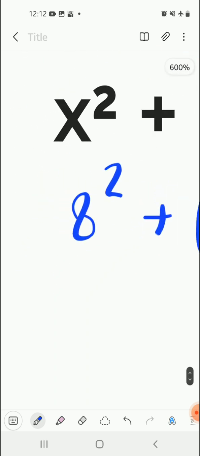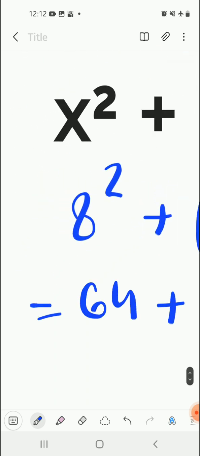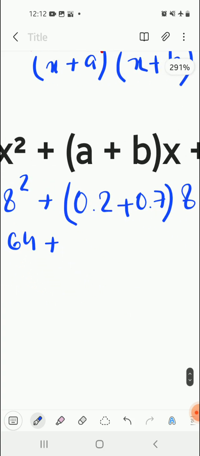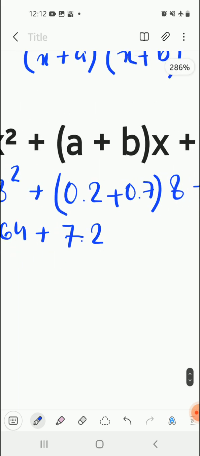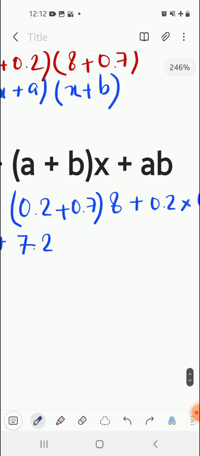8 square is 64 plus 0.2 into 0.7, it is 0.9, and with this multiply 8, we are going to get 7.2.